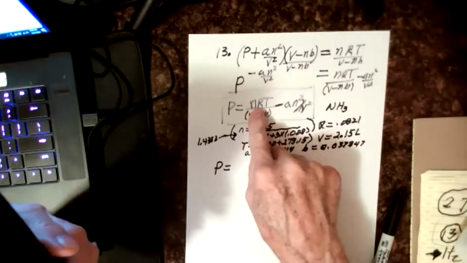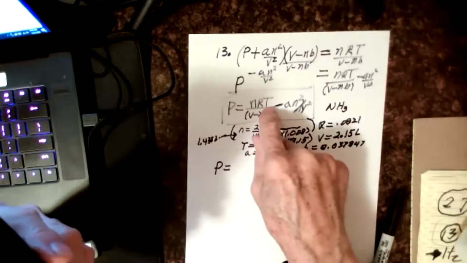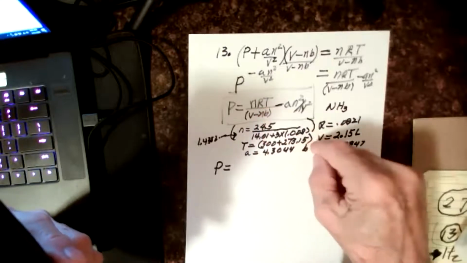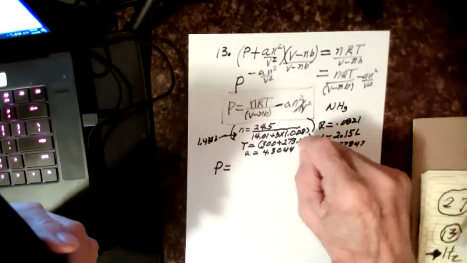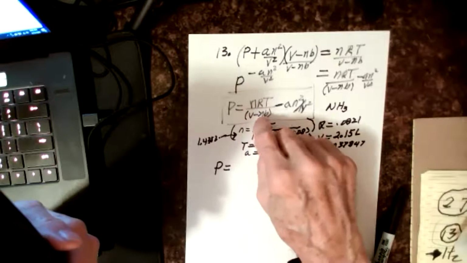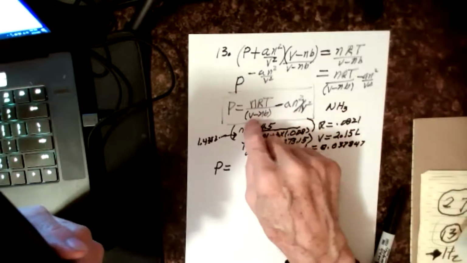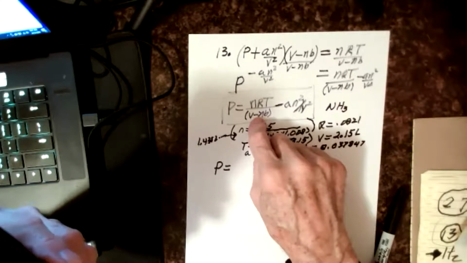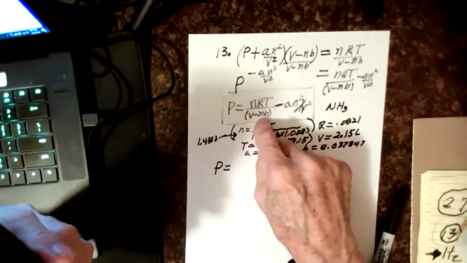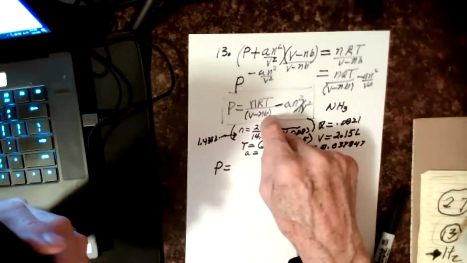So yes, I've got answer times 0.0821 times the temperature, left parenthesis, 300 plus 273.15. Then I close the parenthesis. I want to divide by a left parenthesis. Volume is 2.15, yes, minus the answer times the B constant, 0.037847.